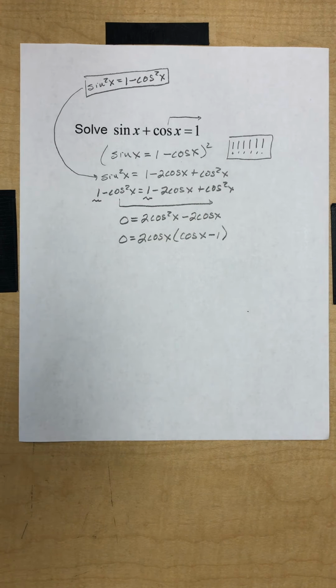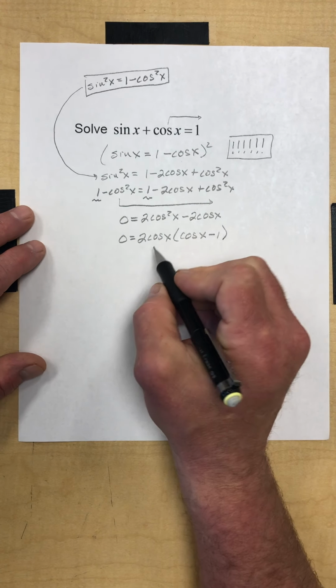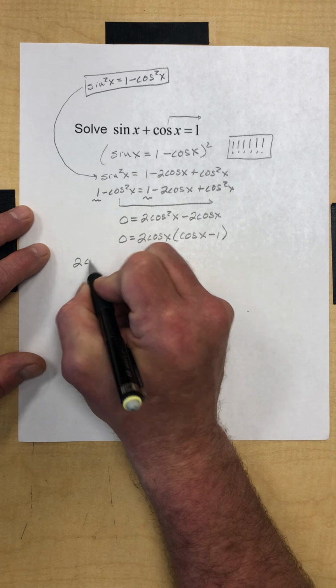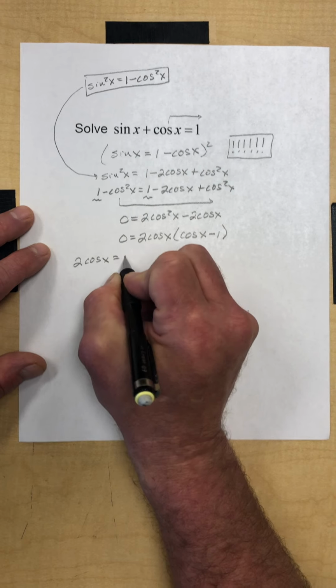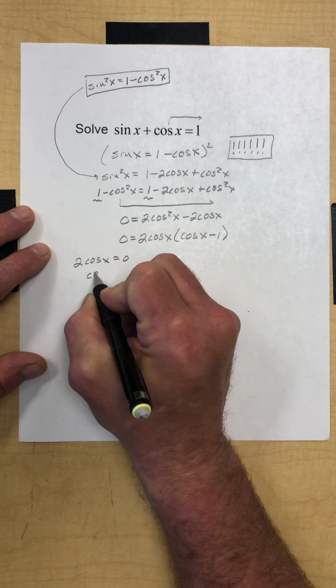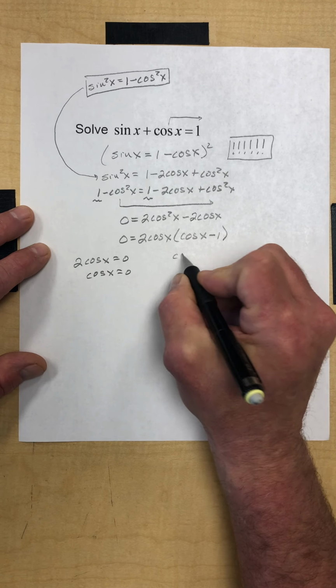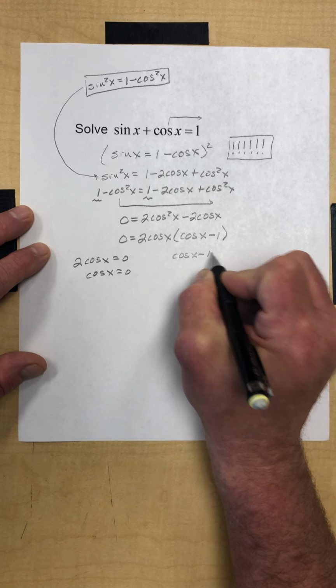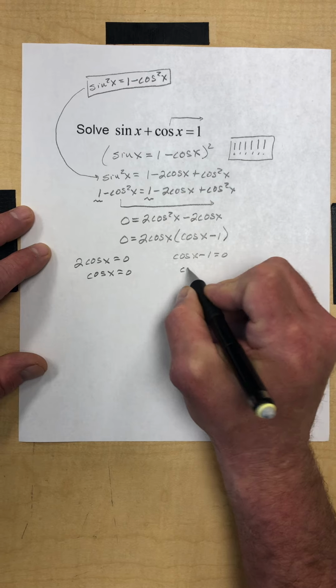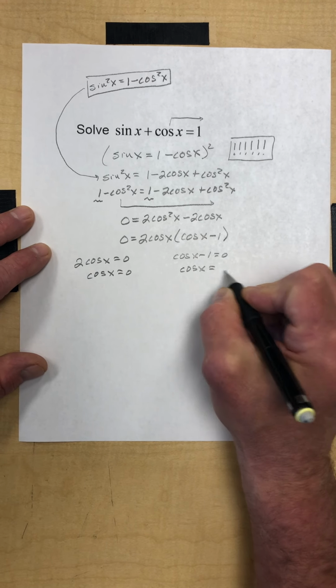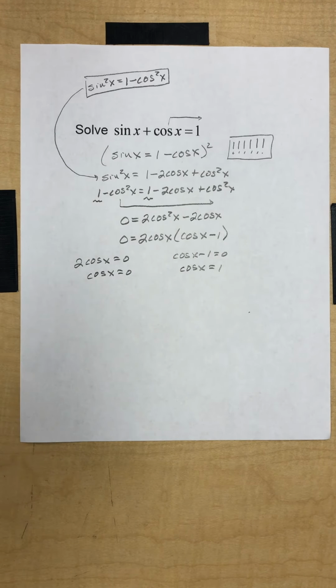So this would mean that 2 cosine of x equals 0, which would give us cosine of x equals 0. And this would mean that cosine of x minus 1 equals 0, which would give us cosine of x equals positive 1. And then we go to our unit circle.